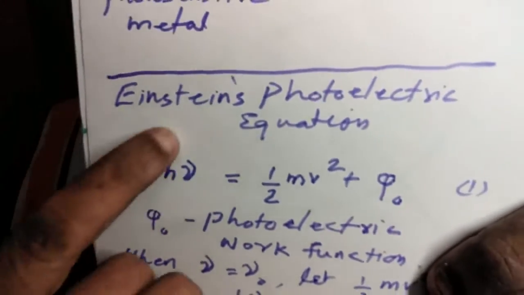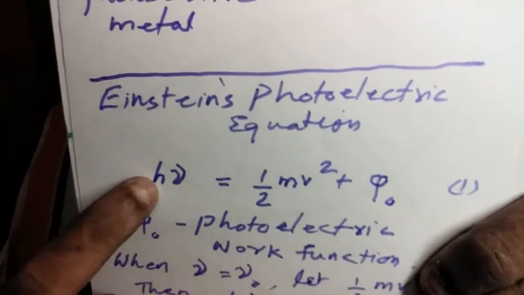So the incident energy h nu is accepted by an electron in the metal, and a part of this energy is utilized just to get the electron liberated from its position, and using the remaining energy, it comes out with that much kinetic energy. So applying the conservation of energy, we can write the equation like this. This is the energy of the incident photon, h nu.